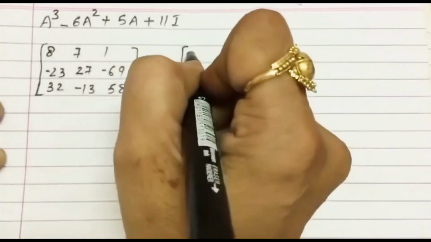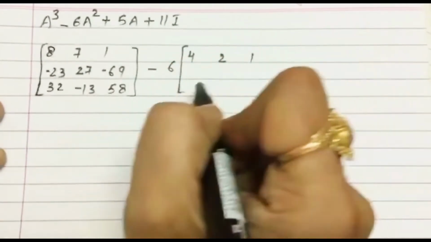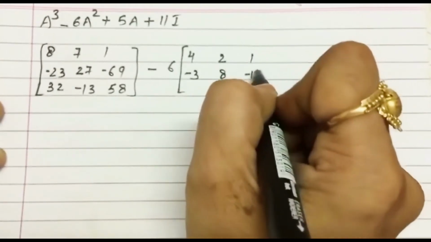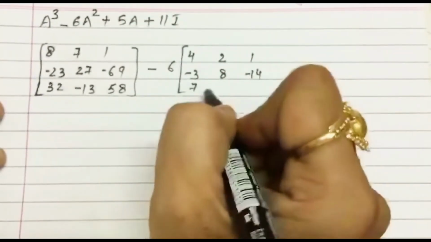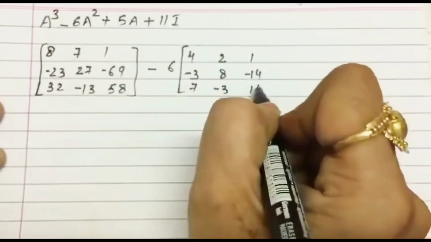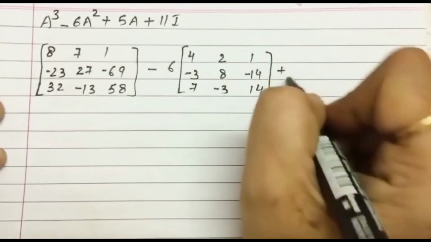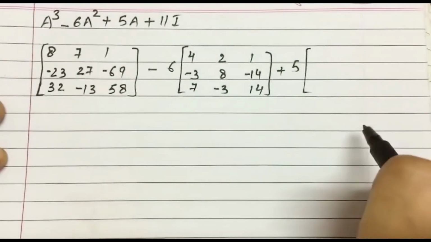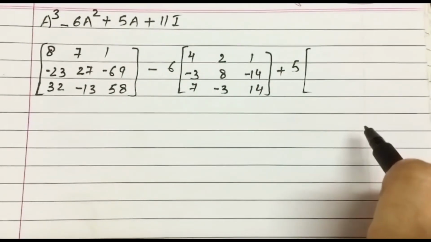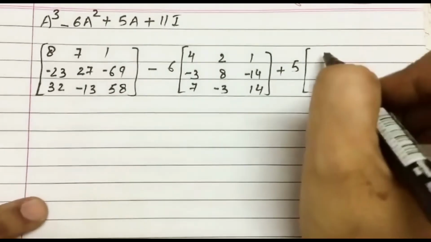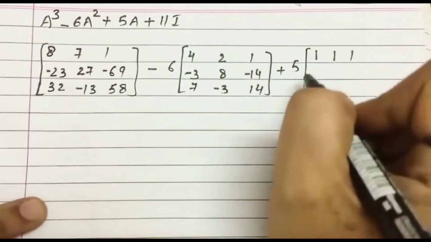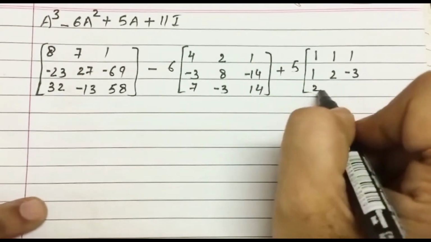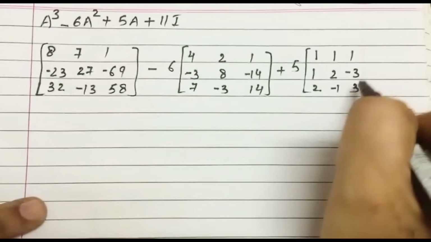A square is 4, 2, 1, here minus 3, 8, minus 14 and it's 7, minus 3 and 14. Here 5 into, and write the value of A. It's 1, 1, 1. Here 1, 2, minus 3 and 2, minus 1 and 3.